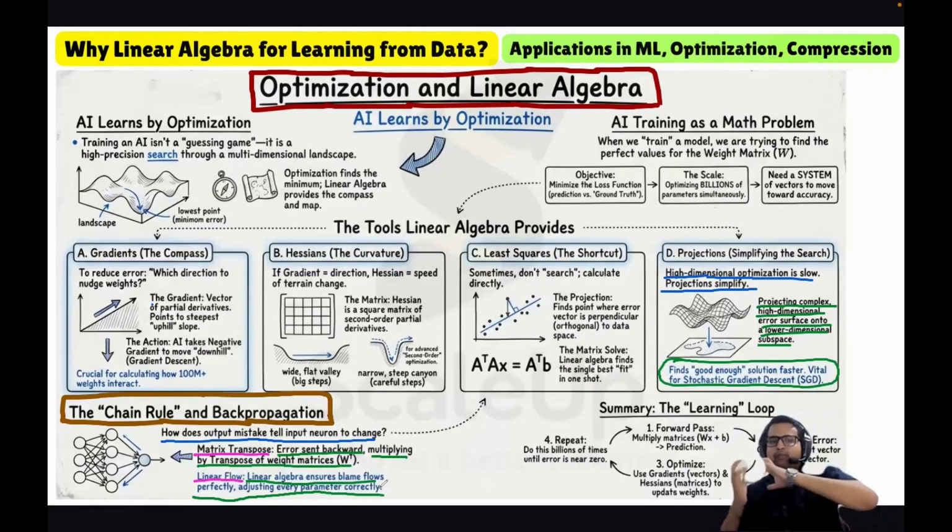Because of this backpropagation, whatever the error is, it is propagating from the backward direction. It is flowing perfectly across millions of connections, ensuring every single parameter is adjusted by exactly the right amount. So that's the idea of backpropagation.